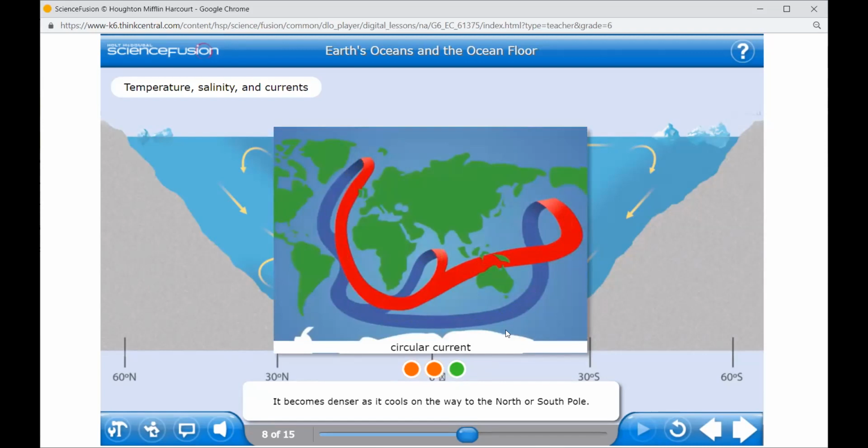It becomes denser as it cools on the way to the North or South Pole. When it nears the pole, it is made more saline by ice formation. The ice contains fresh water, water with low salinity. This leaves the remaining liquid water higher in salinity and thus more dense. This dense cold water sinks and moves back toward the equator in the current.